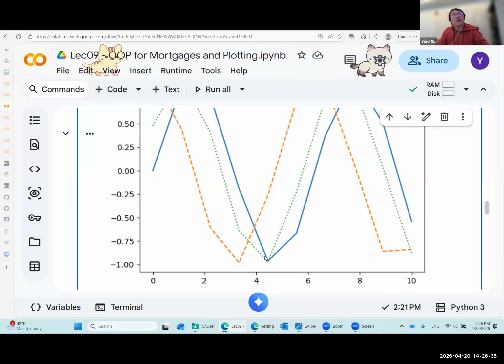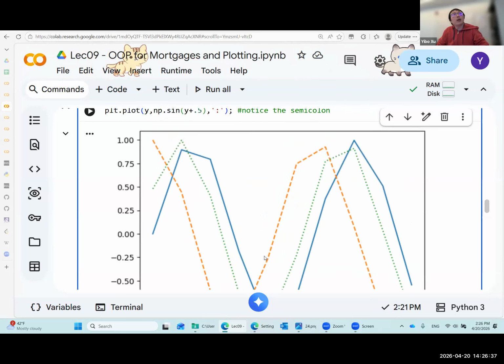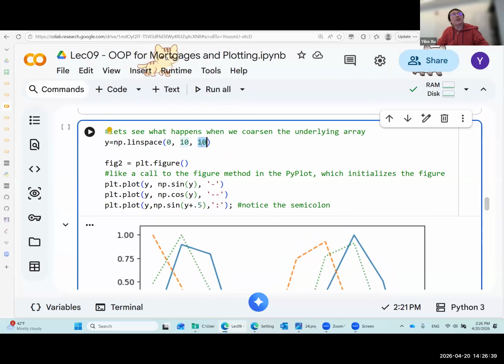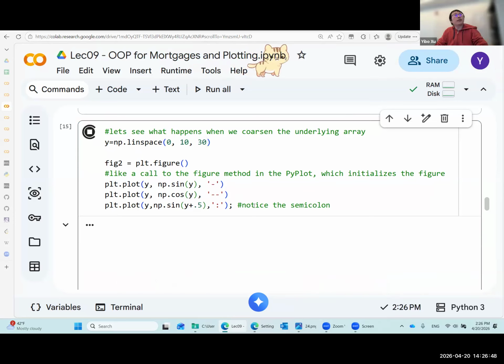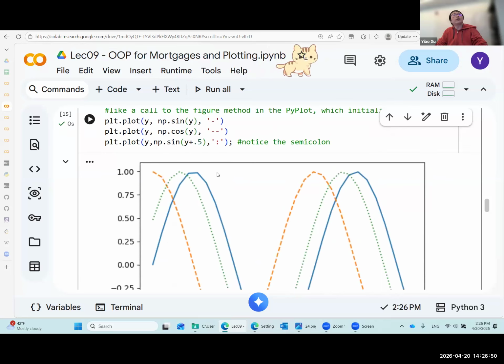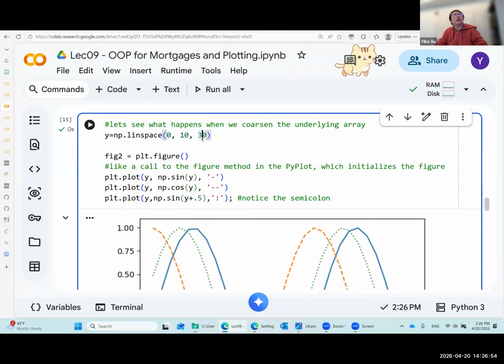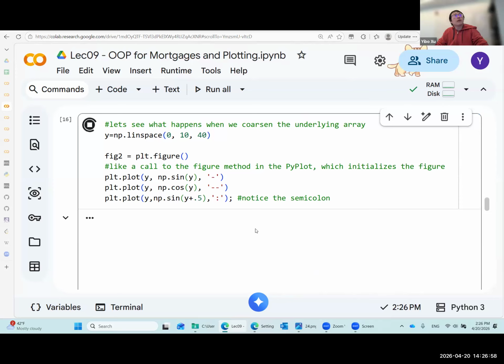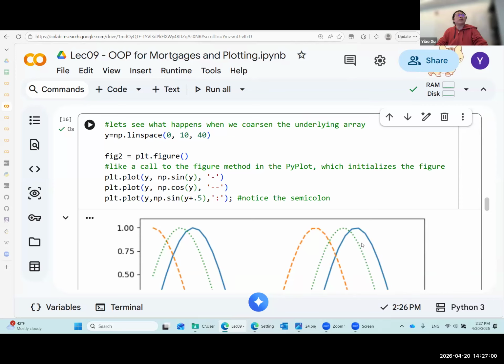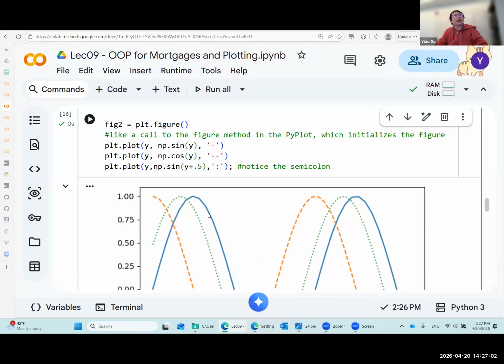One option is slicing. Here is an example where the slicing is a little too coarse. You may want something like 30 points, and with 30 points it's much smoother. If I do 40, that's relatively good, though you can still see the zigzag behavior.